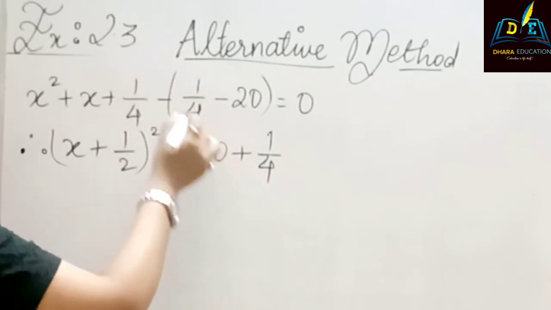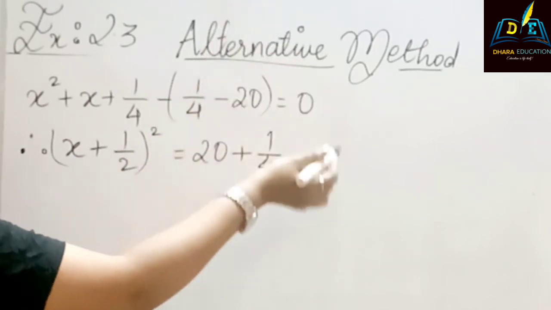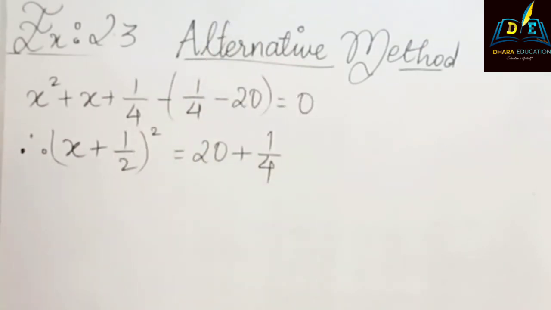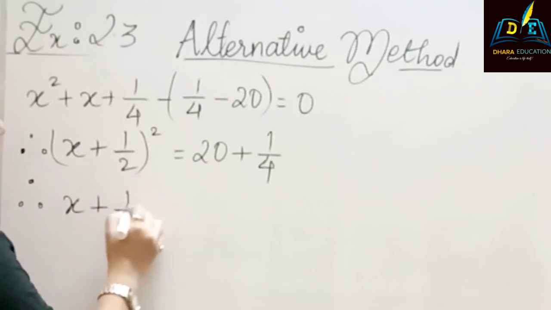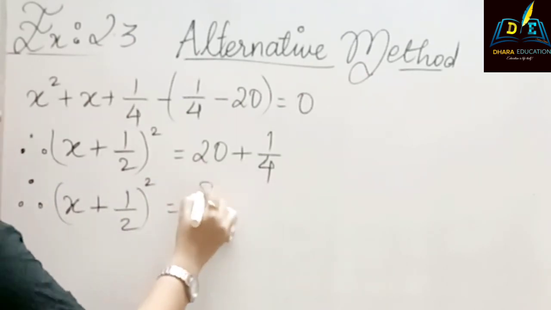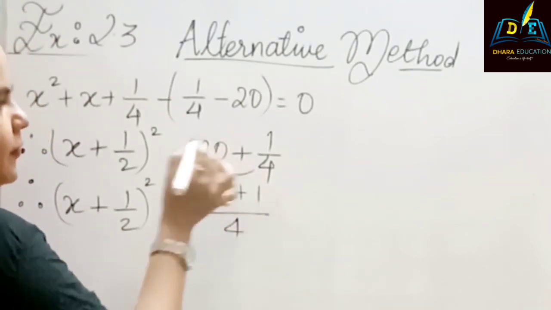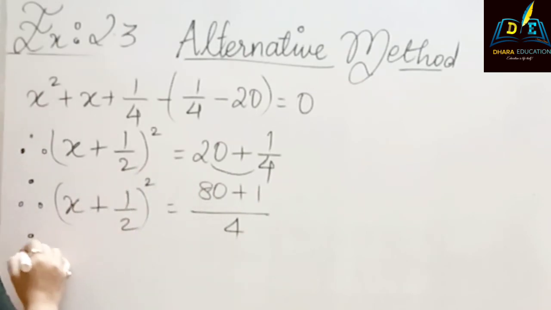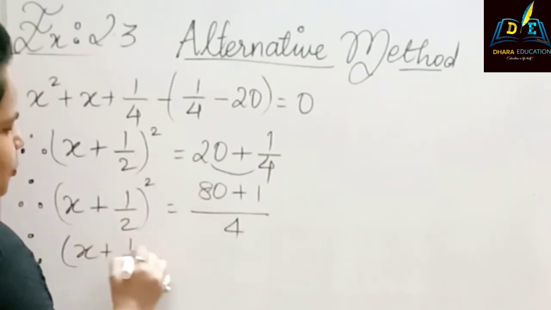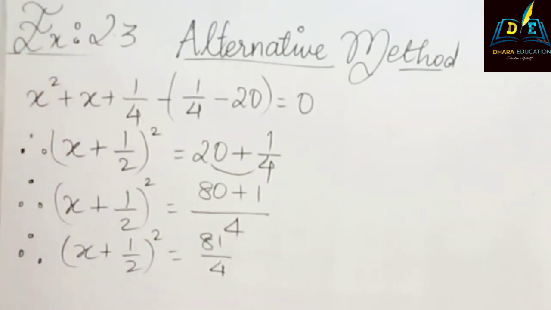So 20 plus 1 upon 4. 20 multiplied by 4 gives you 80, plus 1 upon 4. Therefore, x plus 1 upon 2 the whole square equals 81 upon 4.